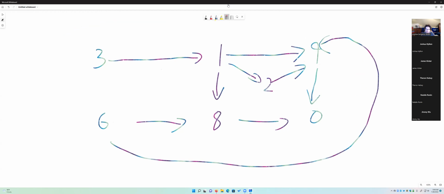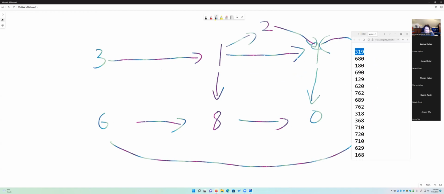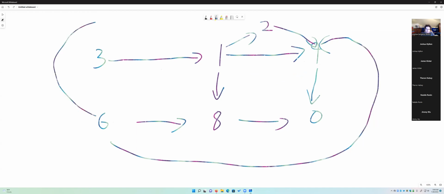And now I'm going to take this 2 and pop it out over here, because we had 129, 690, 620. And unfortunately, I don't think I'll be able to continue making it planar.